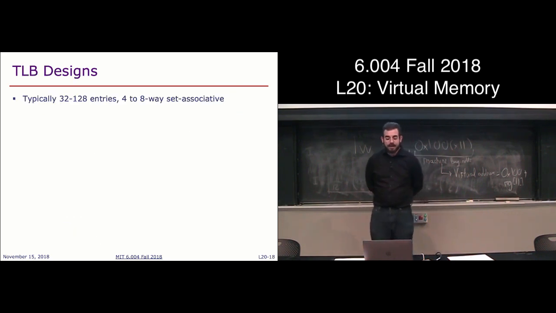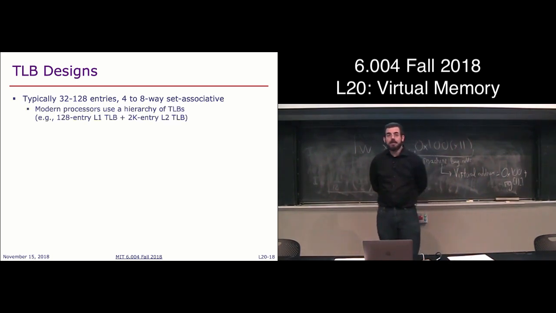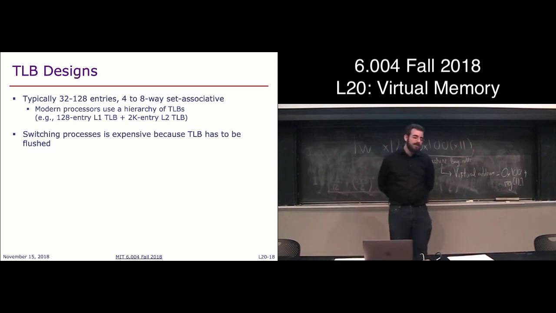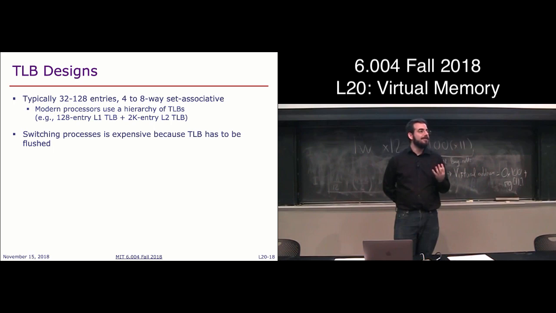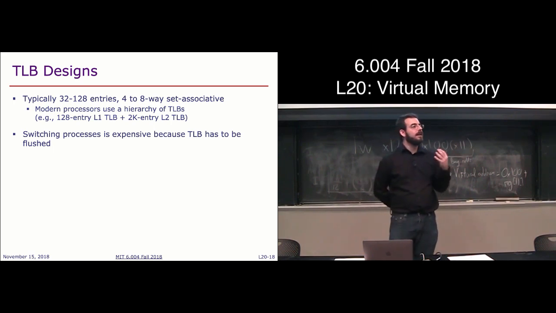Okay, so we have a cache for page table entries. Now, these caches, as I said, are typically small, so they're 32 to 128 entries. They don't store a lot of translations, so that they can be very, very fast. In fact, modern processors have multiple levels of TLBs, just like modern processors have multiple levels of caches. And then, there are two details that we need to take care of. The first one is that when you switch from one process to another, the operating system, if you don't do anything special with the TLB, actually needs to flush the TLB, because the TLB is now caching page table entries that are stale.